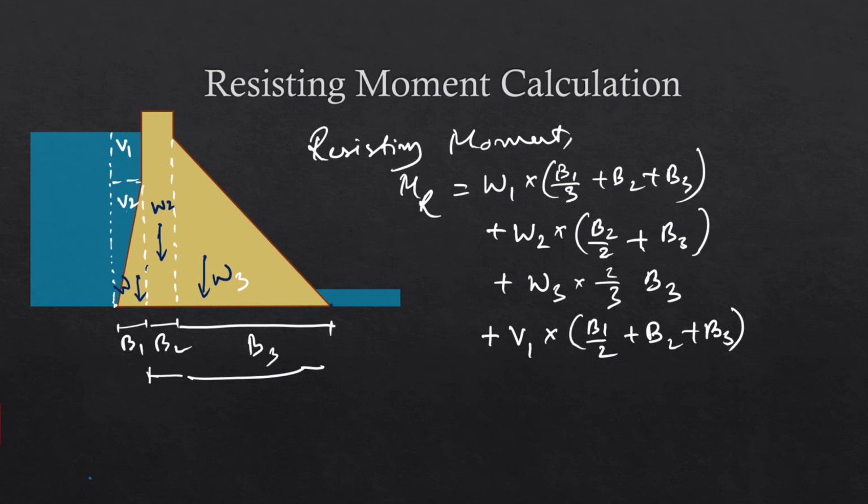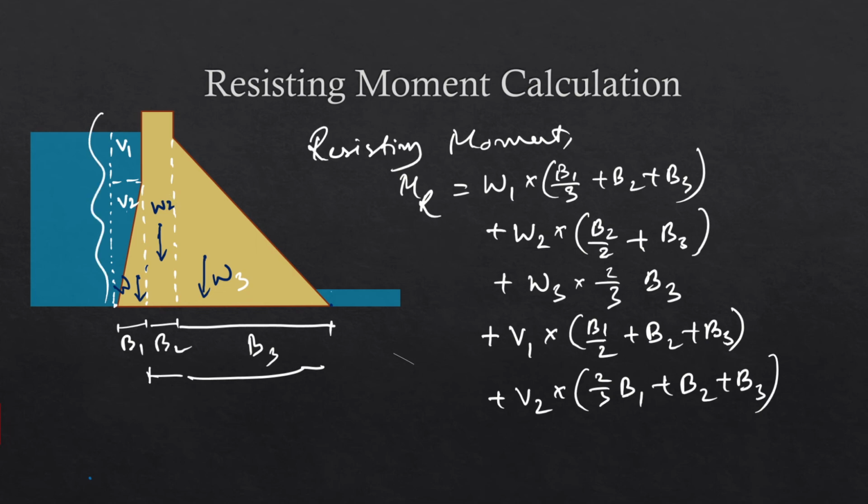Now just think for a minute how this distance is calculated. Then V2 multiplied by 2/3 of B1 plus B2 plus B3. So this is about this volume of water.